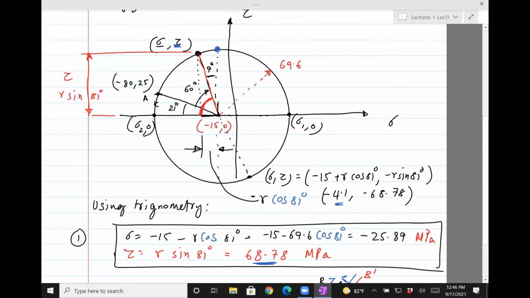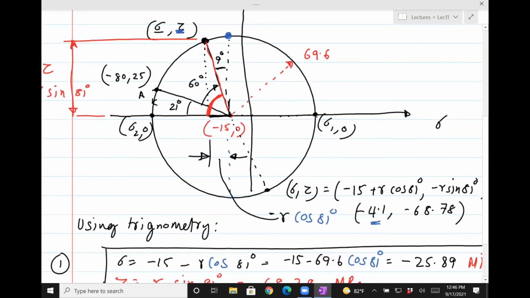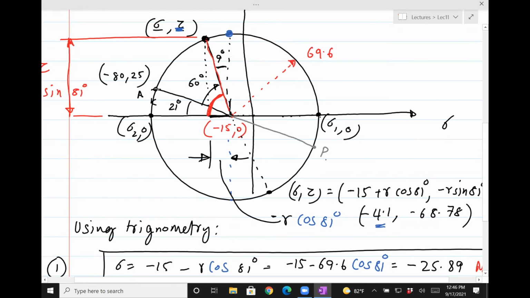Okay, so this is A, that's B. So the angle between A and B is 180 degrees, right? That's on the Mohr circle. So it's going to be half of that if you take it for the cube.